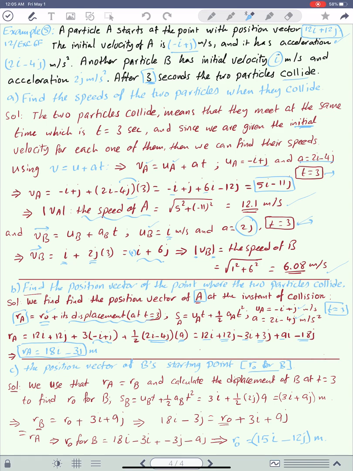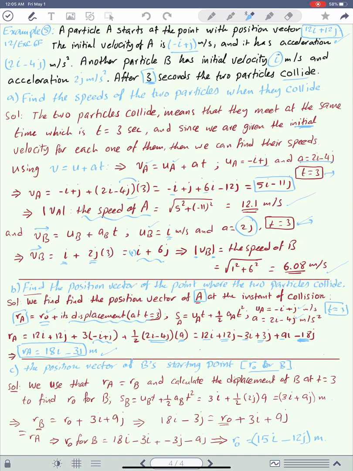So you will get 12i minus 3i plus 9i, which is 18i. 12j plus 3j is 15j, minus 18j is minus 3j. So the position vector at the instant of collision is 18i minus 3j.